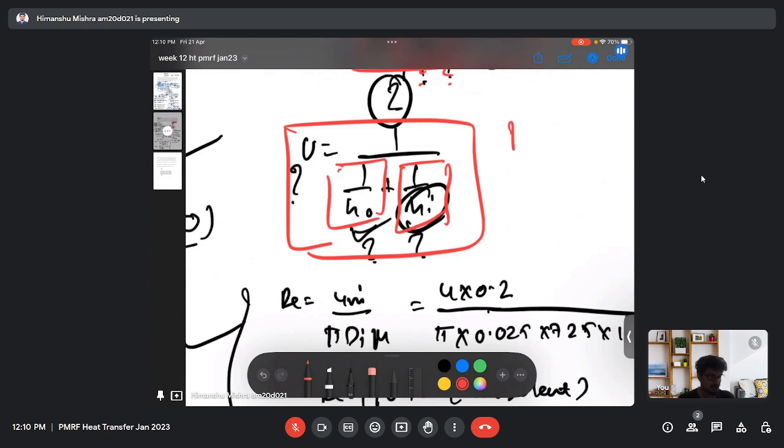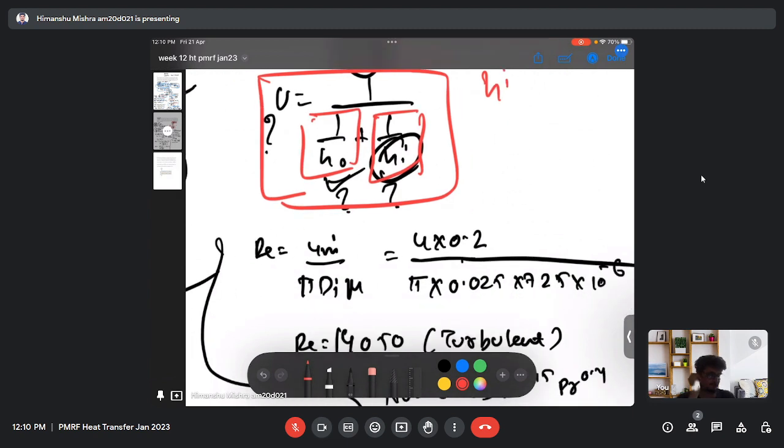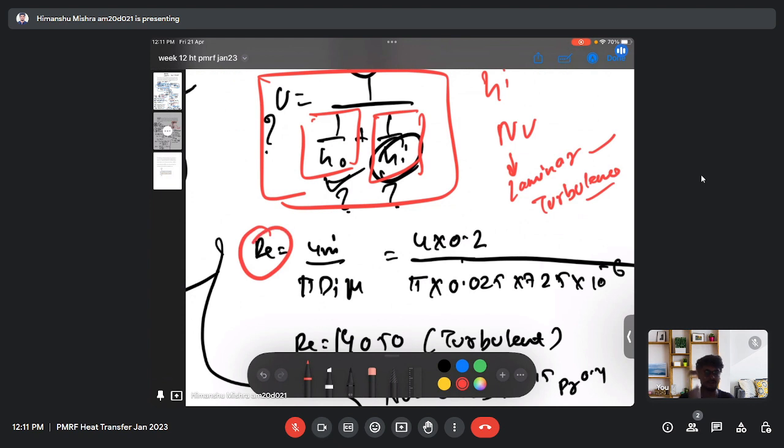So to calculate the heat transfer coefficient inside, we use the concept from convective heat transfer, where we use the Nusselt number correlation. Which correlation to use depends on whether the flow is laminar or turbulent. To know that, we need to calculate the Reynolds number.